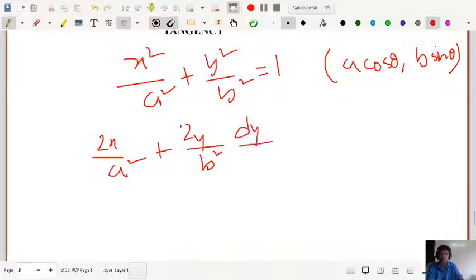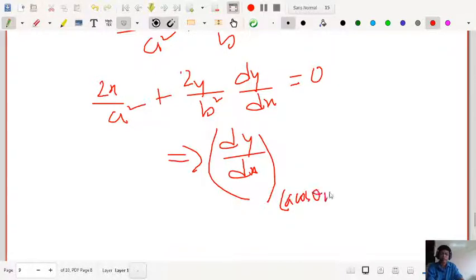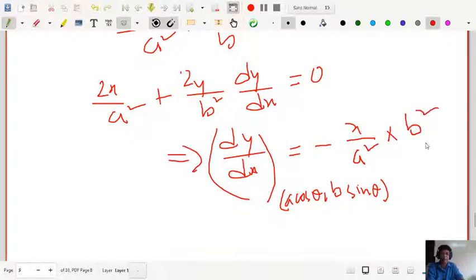So what is your dy dx? dy dx at that parametric point a cos theta comma b sin theta, if you substitute, you will get minus x by a square into b square by y.